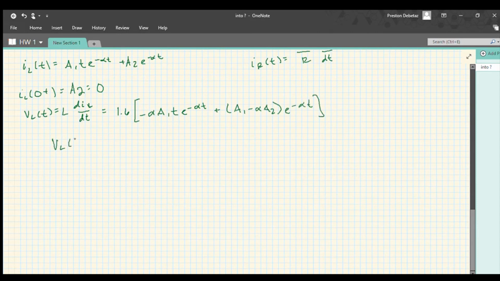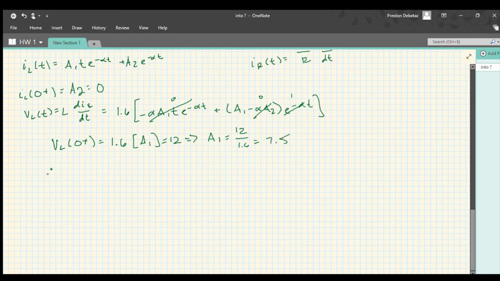VL of 0 plus, we have 1.6, this term is going to go to 0, and then we have A2 equals 0, and this term is going to go to 1. So we're just going to have A1 equals 12, so A1 equals 12 over 1.6, which equals 7.5.